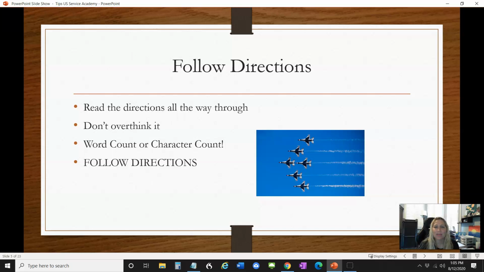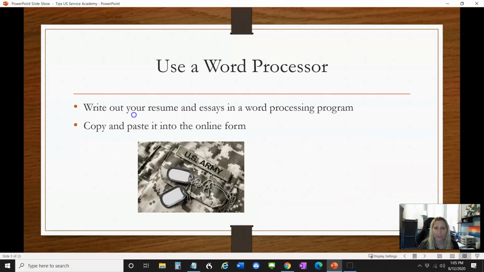If it says submit one essay, submit one essay. Or if it says to do a certain thing or whatever the question is, actually answer the question. I can't tell you how many times I've read essays that the student didn't actually answer the question that was asked. So make sure you answer the question and follow the directions.